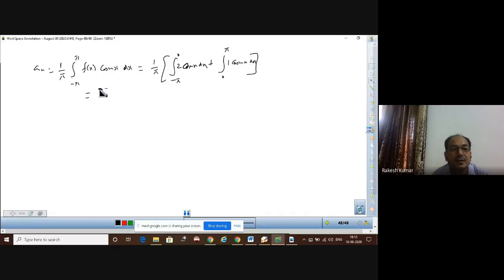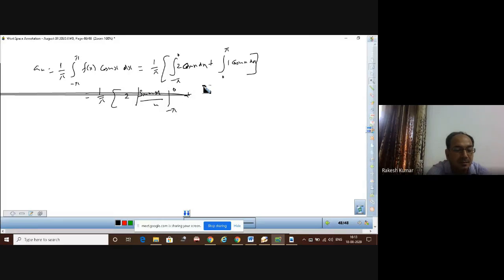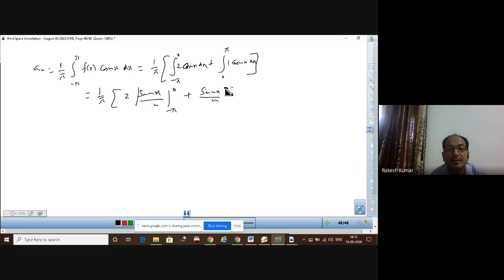Now you can integrate it, with 1 by pi and the 2 written here. The integration of cos is sine of nx upon n, with the limits minus pi to 0, and the integration of cos is sine of nx upon n with the limits 0 to pi.